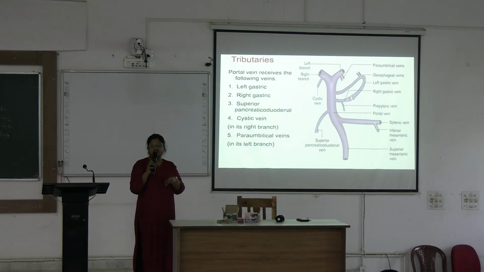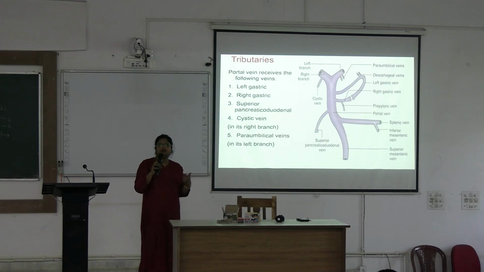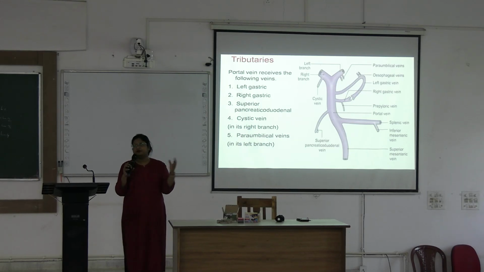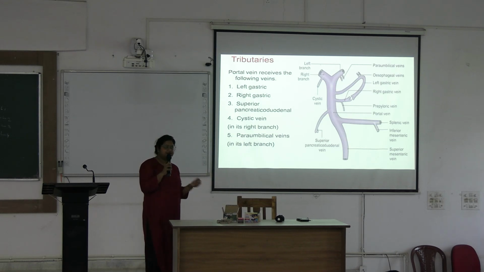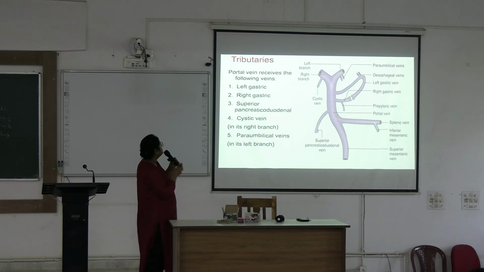You have to know the area where the anastomosis is occurring, and what are the veins of the portal system and what are the veins of the systemic circulation taking part in the anastomosis. Okay, and in case of portal hypertension, there will be dilatation of this anastomosis and there will be some disease conditions. Okay, so that's why you have to remember the tributaries of the portal vein.